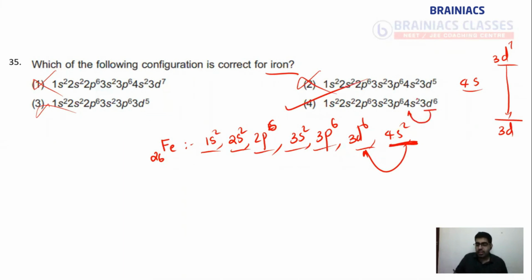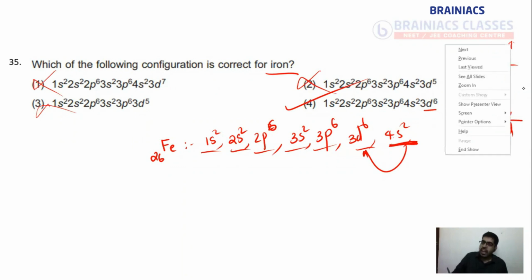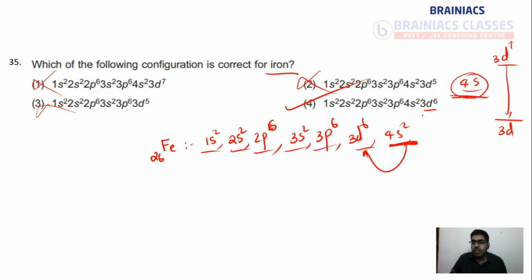Actually 4s has lower energy than 3d, but if one electron is added to 3d, the energy of 3d is reduced below 4s. But iron has 6 electrons in 3d, so 3d6. So answer is option 4. They have not written 3d before 4s. Anyway, this is the right answer. I think it's clear.